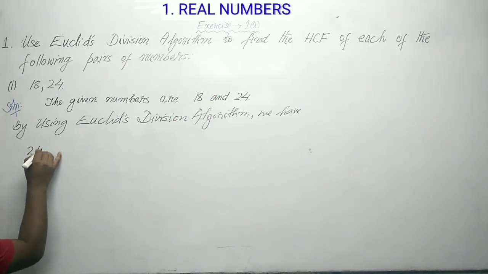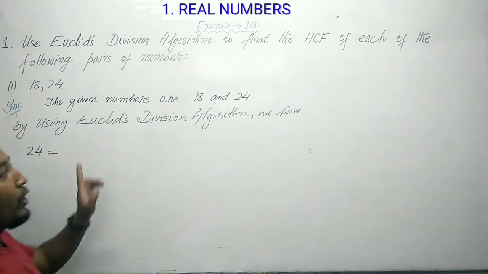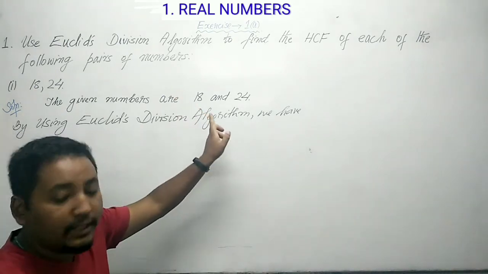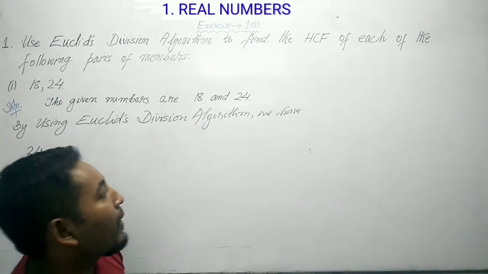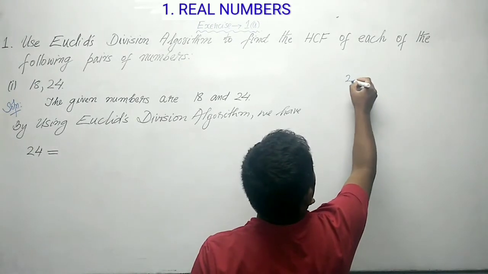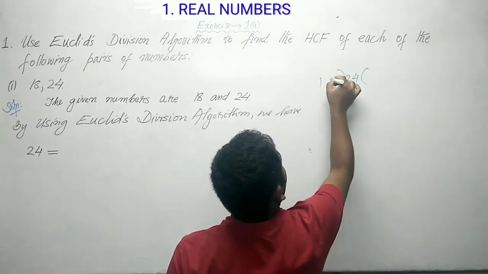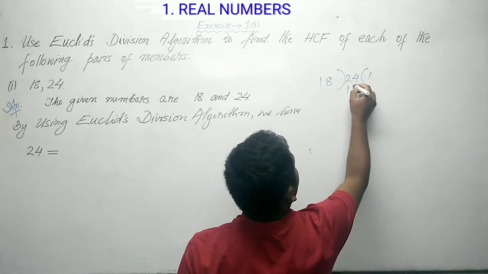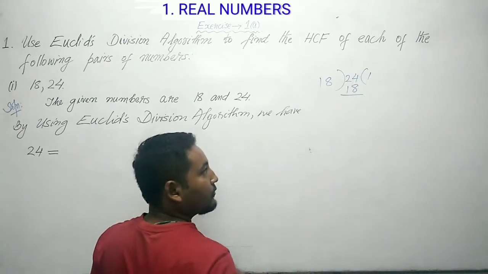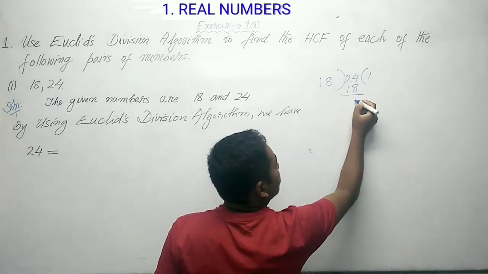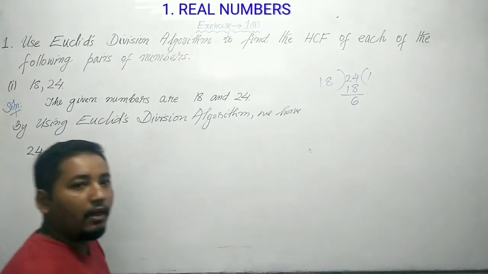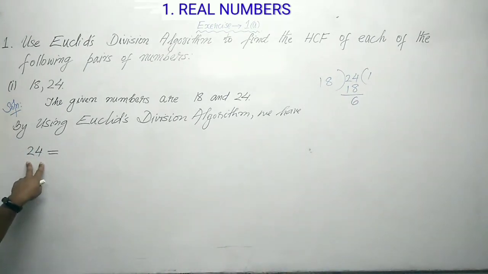So, write down 24. Now, what can we do? You divide 24 by 18. 24 divided by 18. 18 ones are 18. How much remainder? 6.